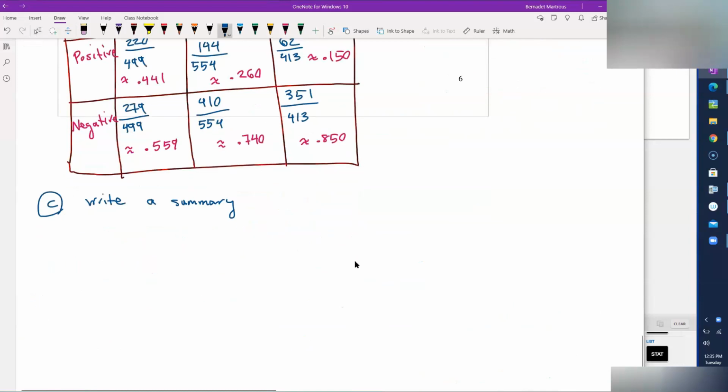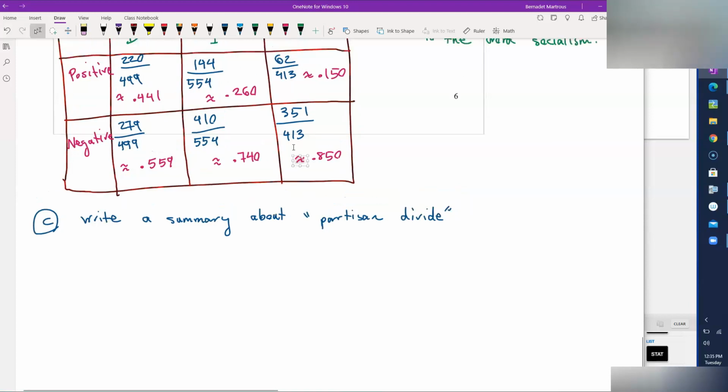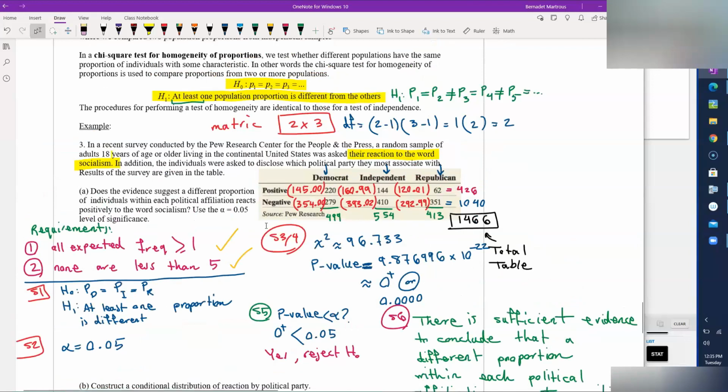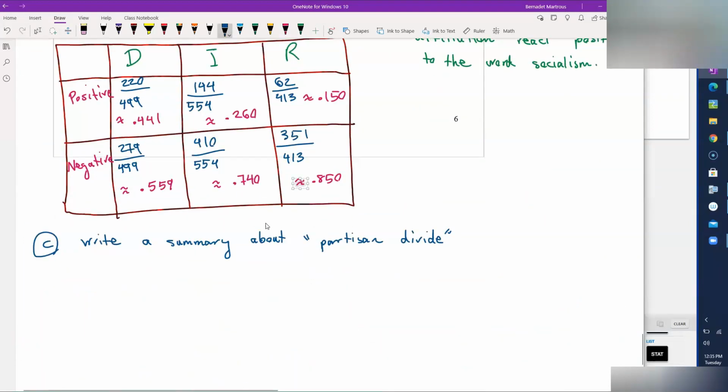So I'm adding this one, write a summary. The reaction to this word.